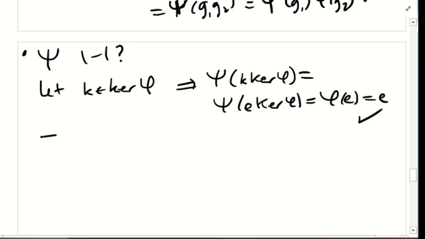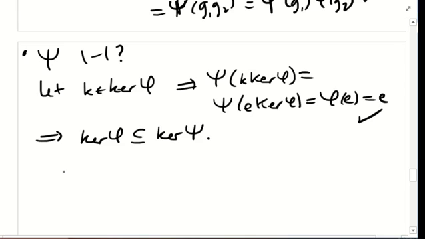Okay, so that means that if k is in the kernel of phi, then the factor group element is in the kernel of psi. So this is saying that kernel phi is a subset of the kernel of psi.